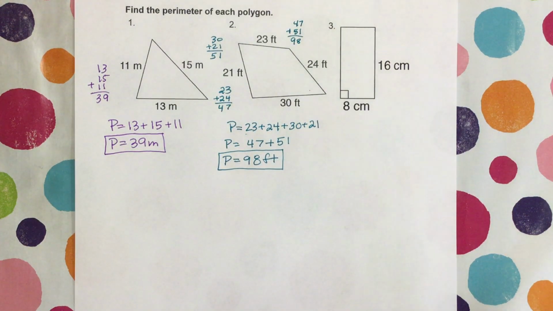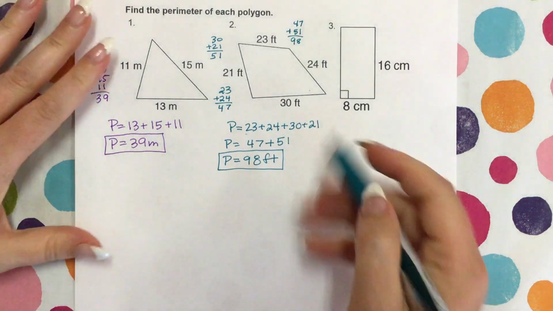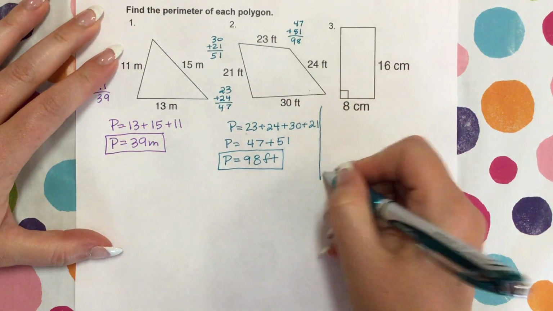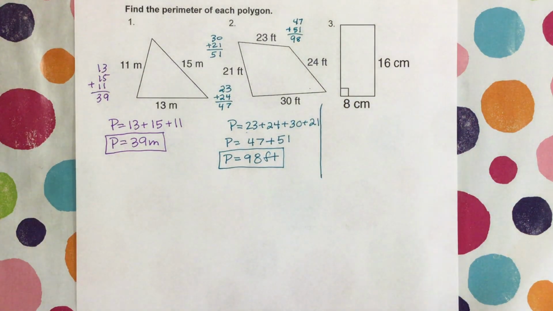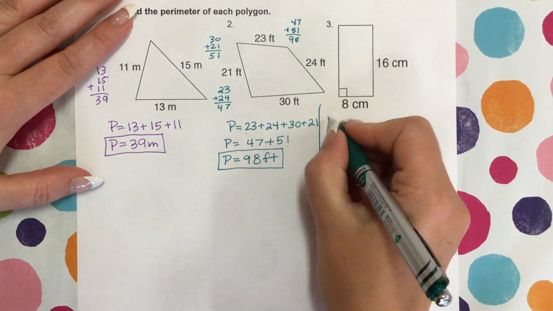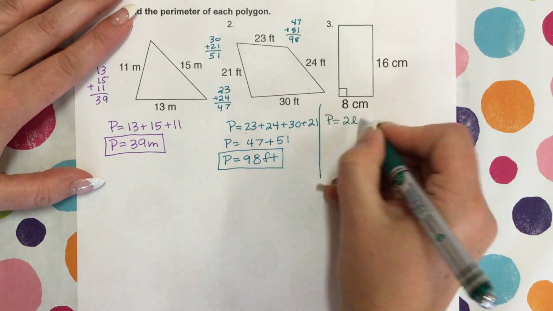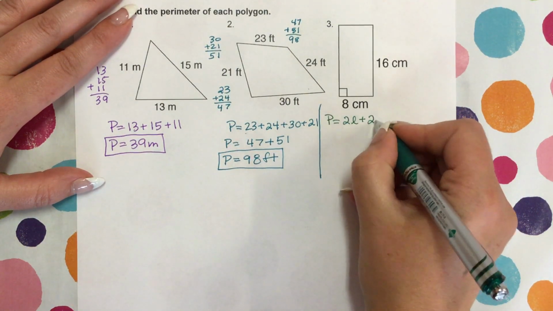Now, problem 3, we're dealing with a rectangle. So we can use our perimeter formula for a rectangle, which is P equals 2L plus 2W.